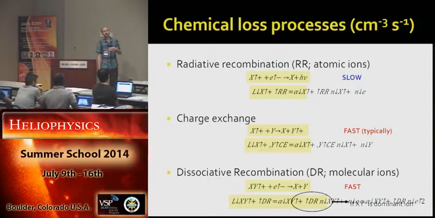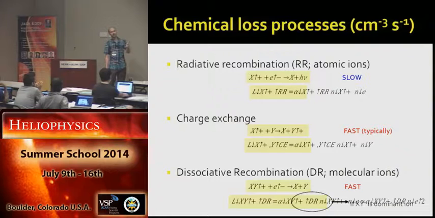For atomic ions, there's radiative recombination. So an atomic ion and an electron recombine, and you have a photon emitted as well. This is an extremely slow process in general. And so instead, typically, an atomic ion will charge exchange with some other ambient neutral well before this reaction has the chance to occur. So charge exchange, some ion exchanges charge with some neutral.